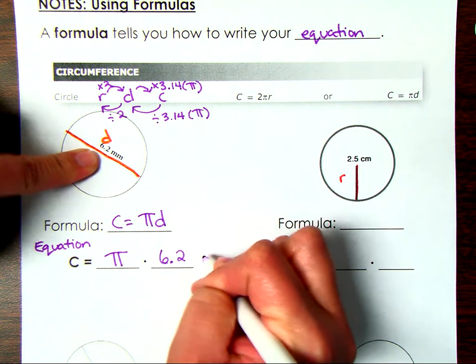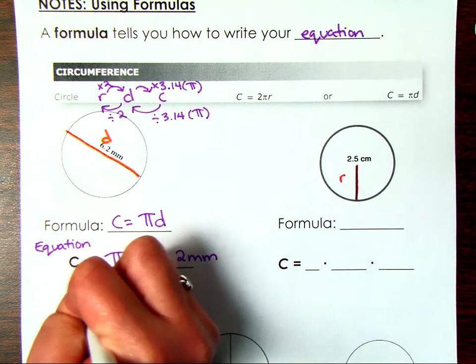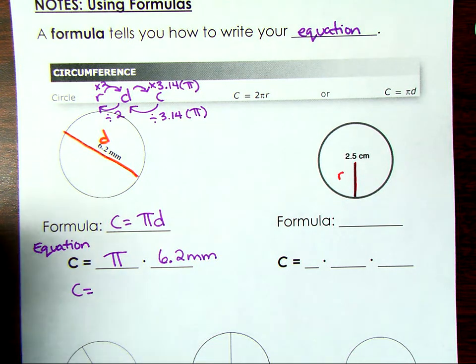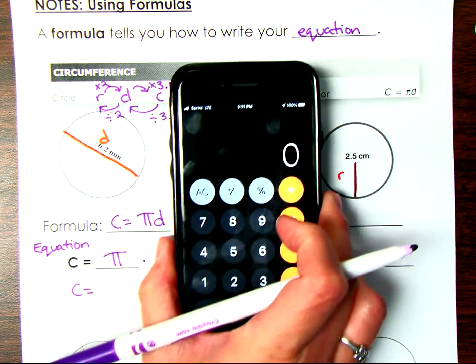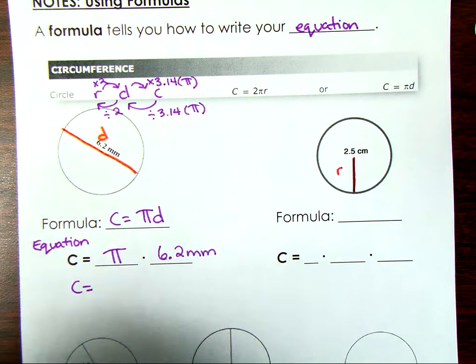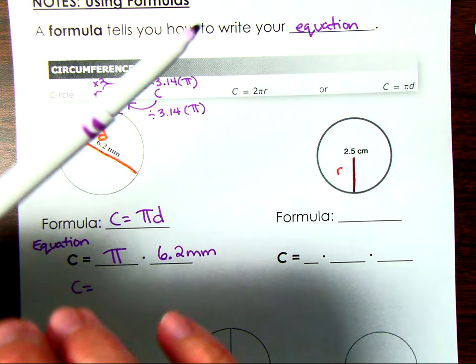The diameter is 6 2/10 millimeters. So now, using my Desmos calculator, the calculator that I'm using in class, I can figure it out. Easier to see this one though, so I'm just going to show you with that. If I can flip my phone to get the pi symbol.